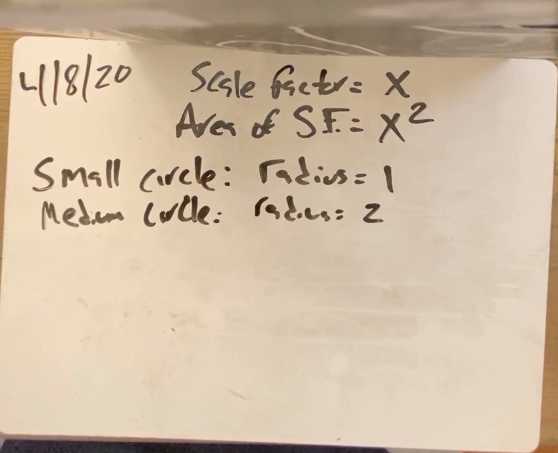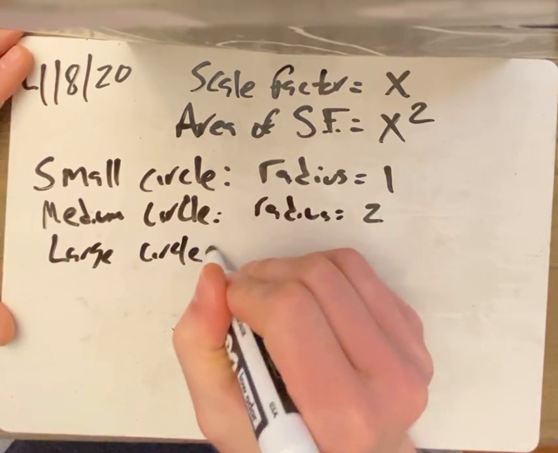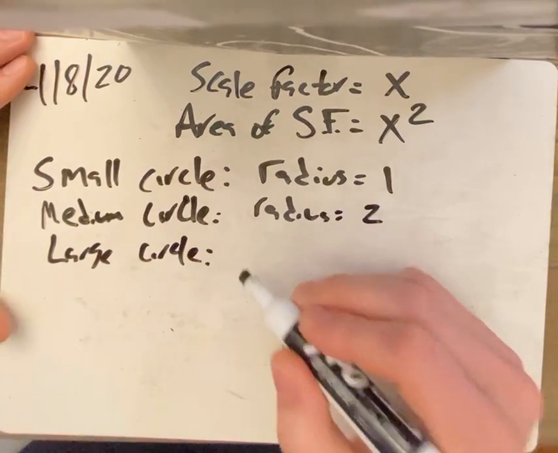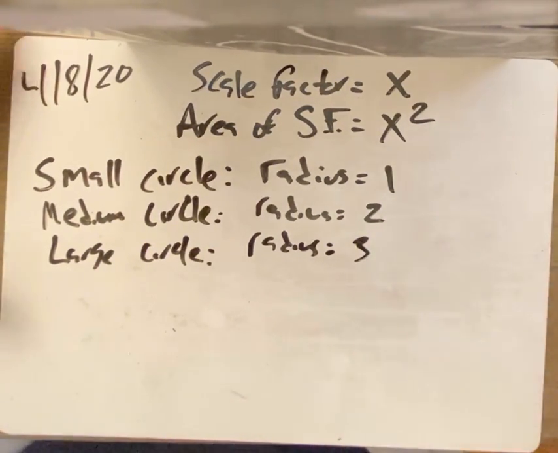Now I'm looking at the large circle, and what do I see across? I see 1, 2, 3, 4, 5, 6 lines. Half of 6 is 3. These are all going to be used with our scale factor.